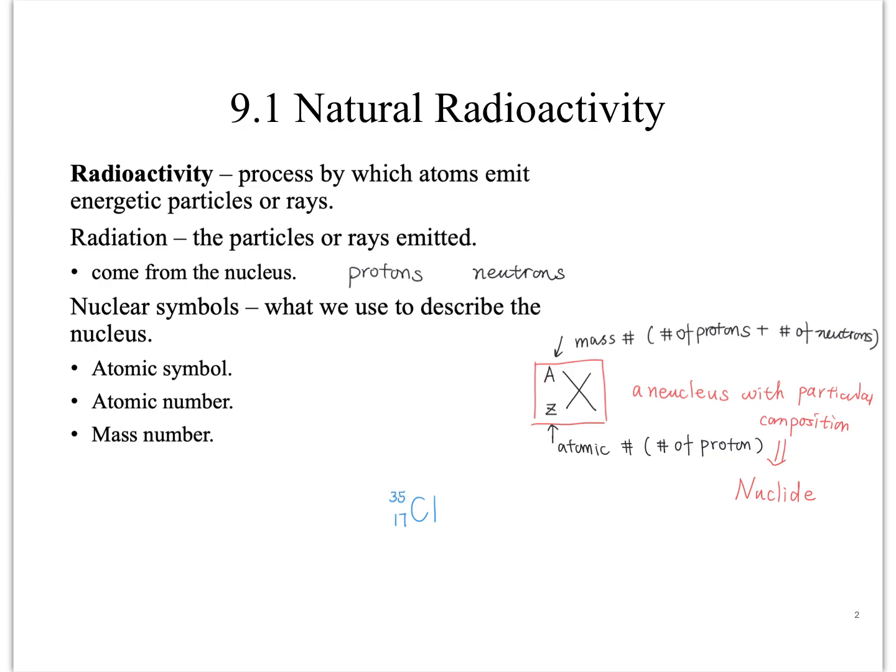This can be considered a nuclide that tells us specifically what this nucleus is. First of all, what we have here is chlorine. Chlorine has 17 protons inside the nucleus, and it has 35 as the total mass number. So 35 minus 17, we figure out there are 18 neutrons inside this nuclide.